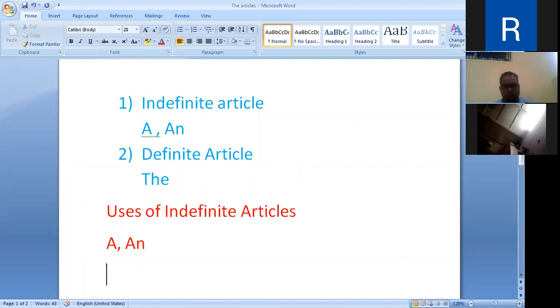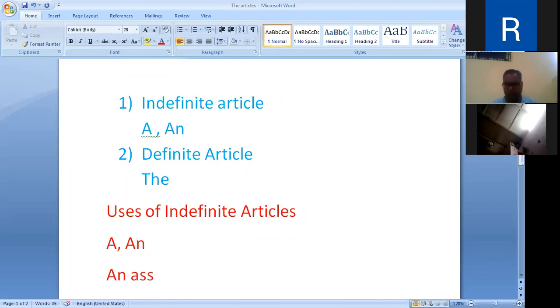So an is the article which is used before a word beginning with a vowel sound.